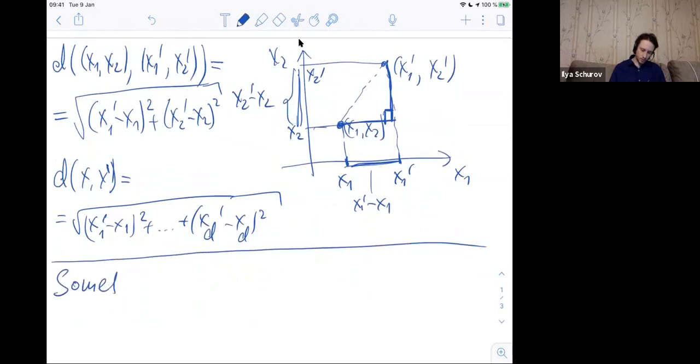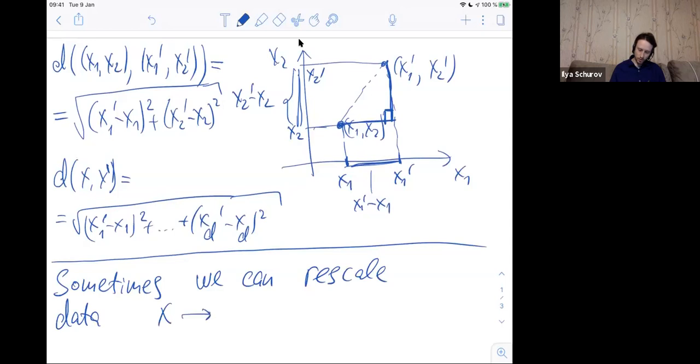So sometimes we can rescale data in such a way that, for example, if we have some variable x, we replace it with x divided by the standard deviation of x.